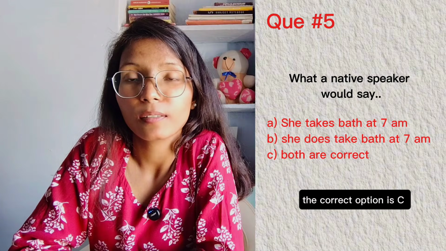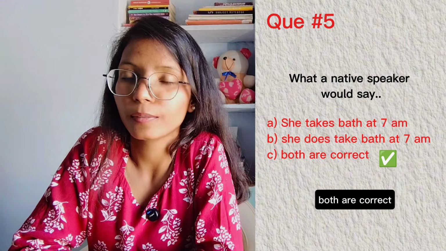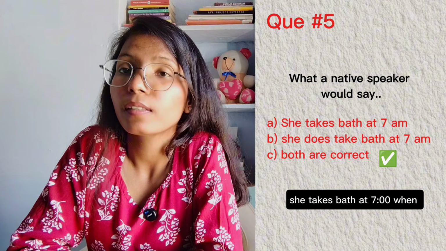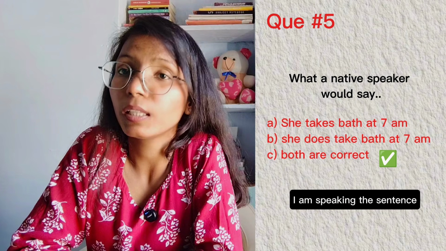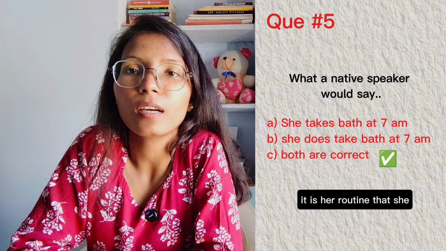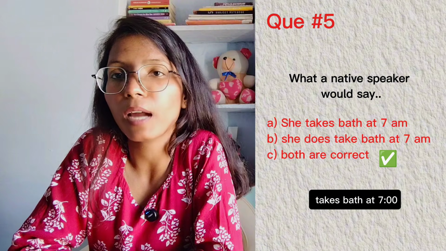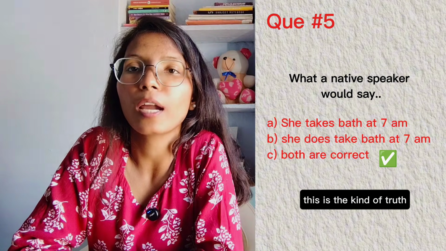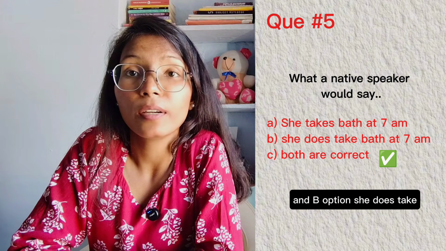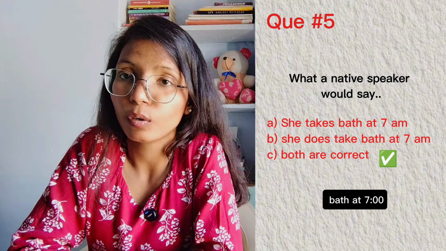The correct option is C. Both are correct. How? Let me explain. She takes bath at 7 o'clock. When I am speaking the sentence, it means it is her habit. It is her routine that she takes bath at 7 o'clock. This is a kind of truth. And B option, she does take bath at 7 o'clock.